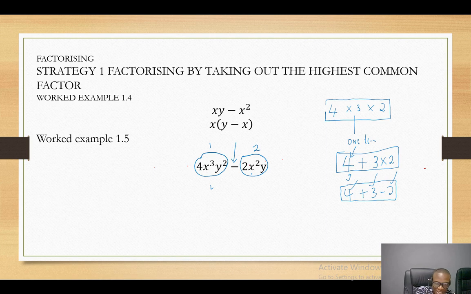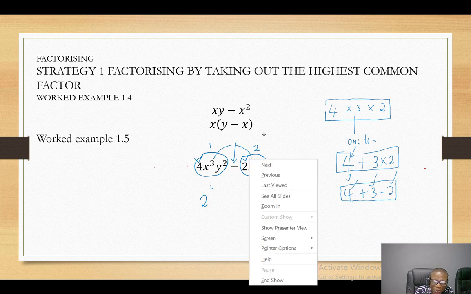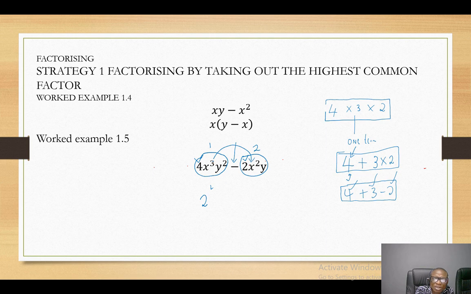Now, when you are looking for this highest common factor, you start by looking at numbers. You look at 4 and 2. The highest common factor of 4 and 2 is 2. Now you go to the x cubed and x squared. What is the common factor of x cubed and x squared?